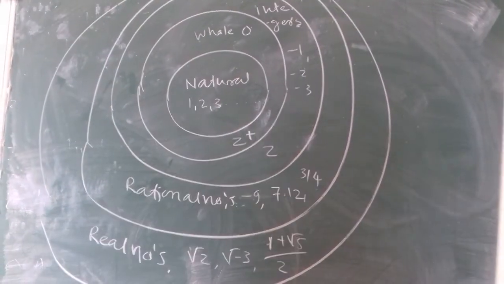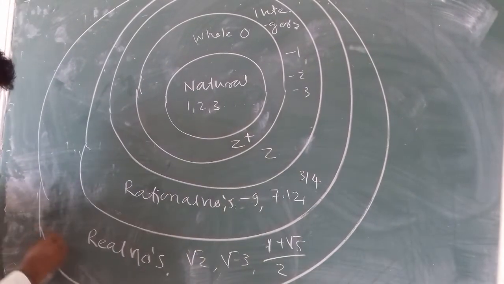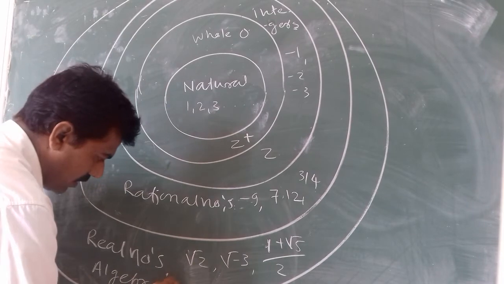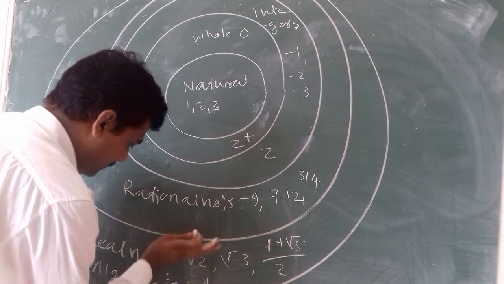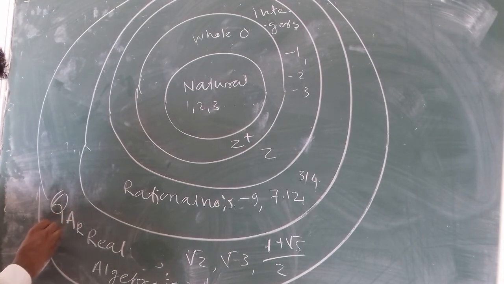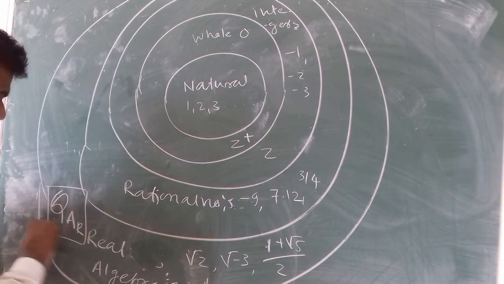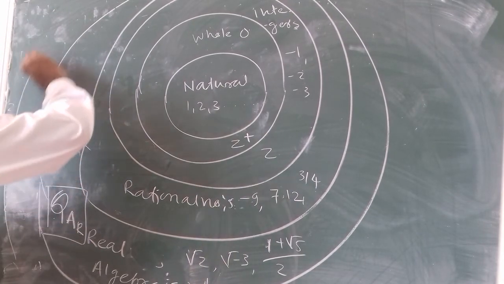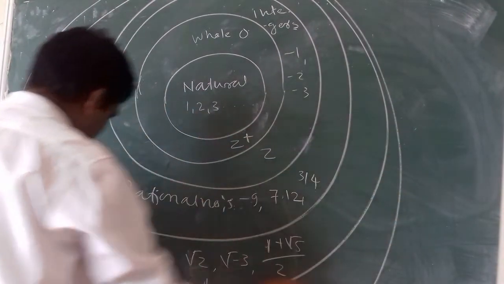These are the real algebraic numbers. The notation is Q suffix A suffix R. And these whole are a subset of the real numbers.